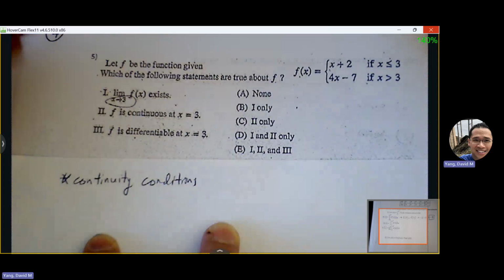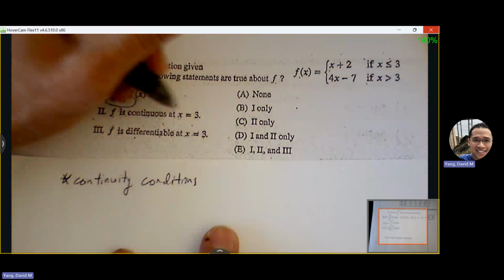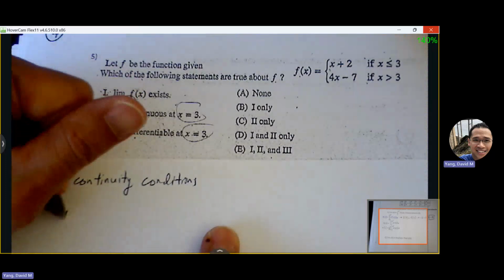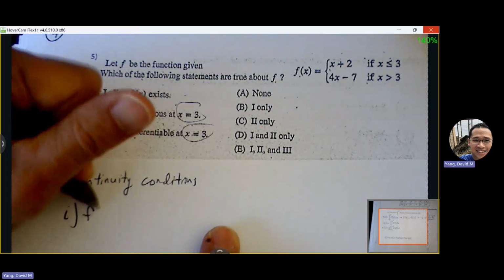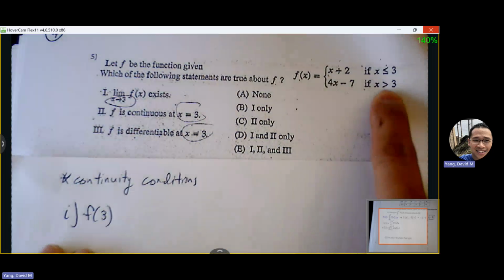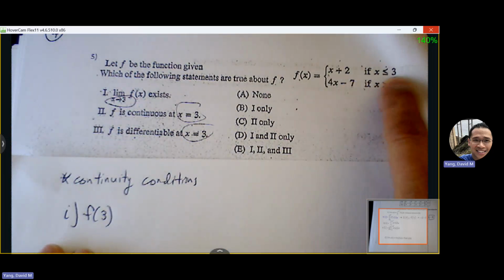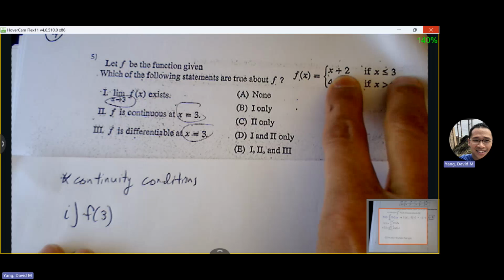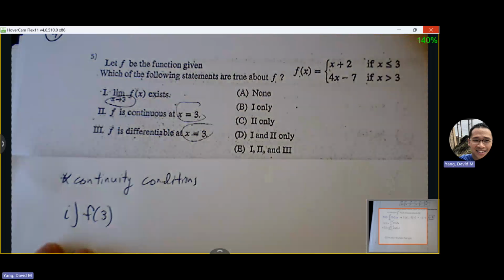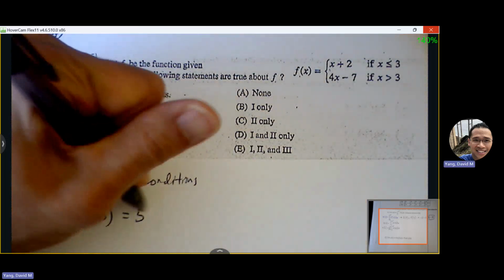We know that the point in question is at 3, so all these are at 3. So first, let's find f of 3. We see that 3 is defined with the first piece, so plug 3 in for x. 3 plus 2 is 5, so there's my point.